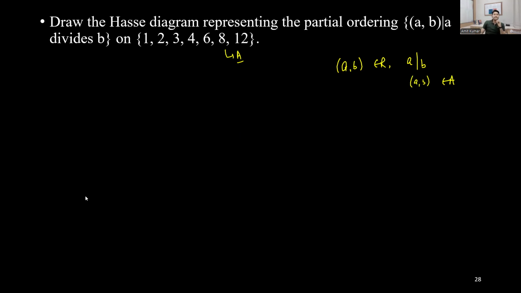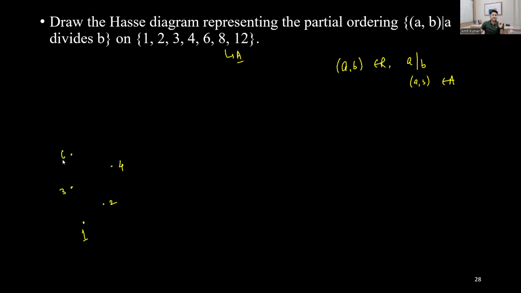Let us try to write it. So first, the raw step: indicate all the elements as vertices. So let us see, this is 1, somewhere 2, somewhere 3. When you are positioning the elements as vertices, do remember the hierarchy. 1, 2, 3. Then somewhere here, let us take 4.